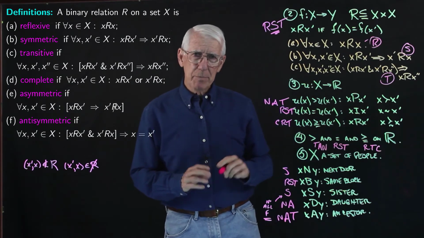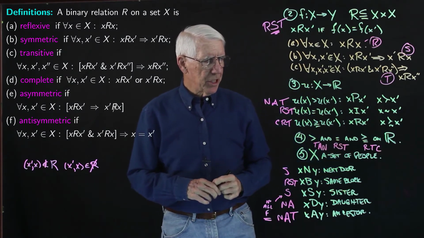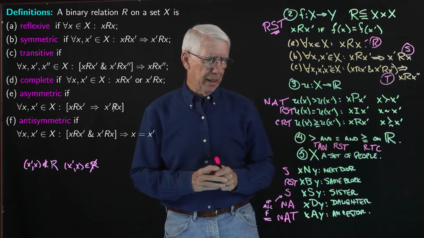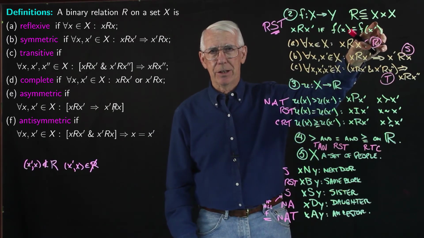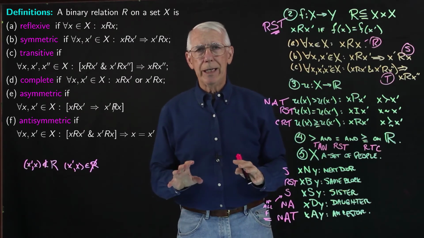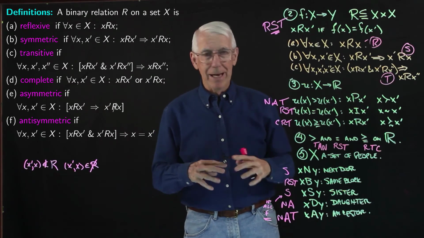Oddly enough, it seems paradoxical, the equality relation is antisymmetric. How can it be symmetric and antisymmetric? Well, it turns out that the equality relation on any set X is both symmetric and antisymmetric, and it is the only relation that can be both symmetric and antisymmetric.